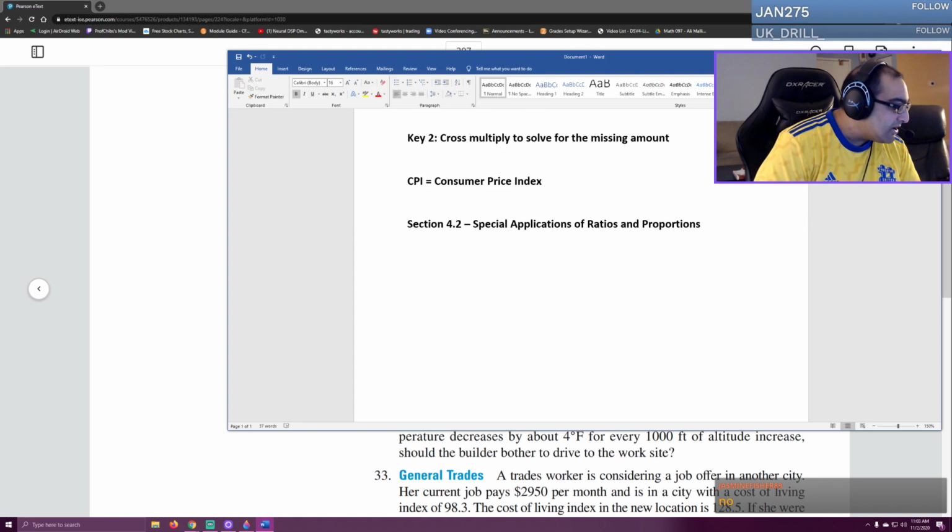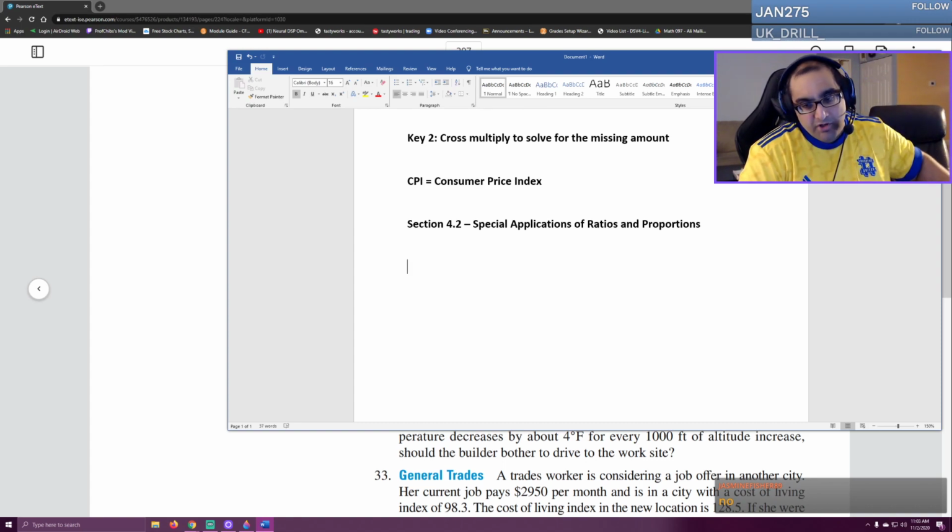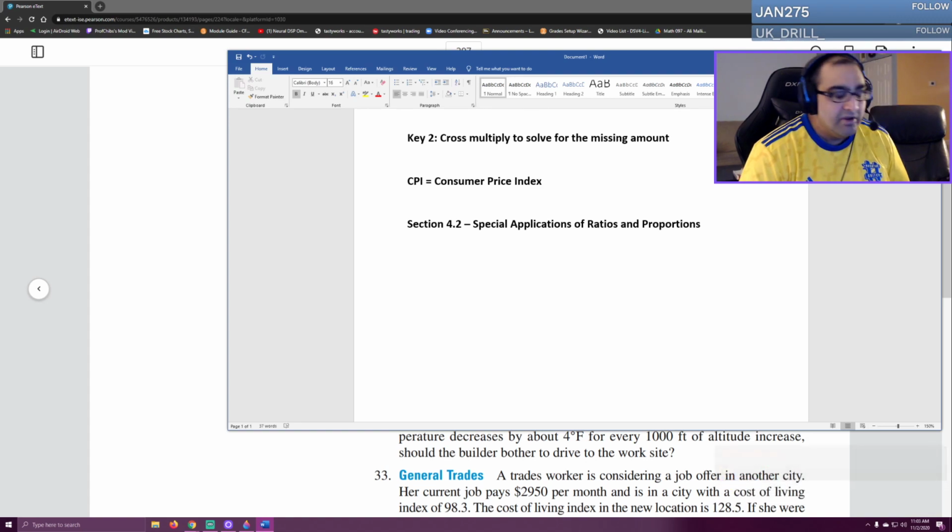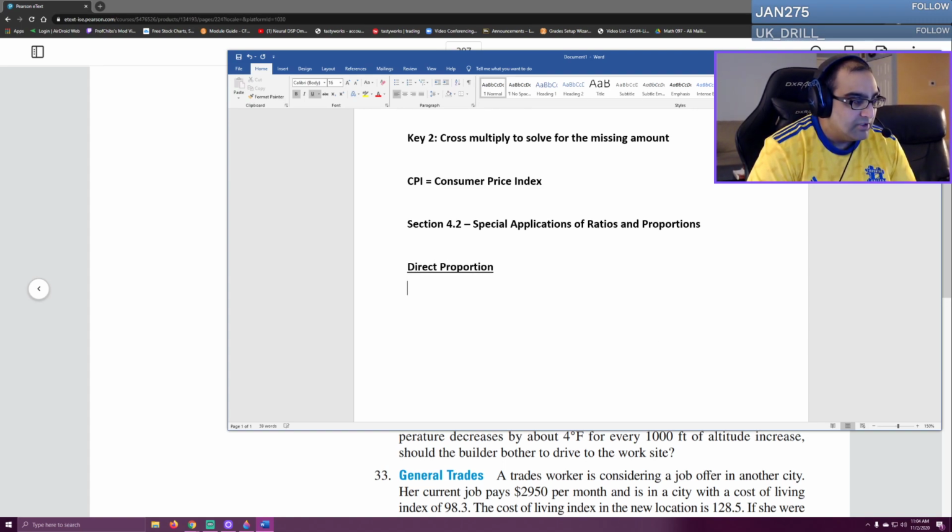Let's talk about proportions here, because that's pretty much what we've been working with in a lot of these examples. We work with two types of proportions in this chapter. The first type is what's called a direct proportion. Now, what does a direct proportion mean? It means that if we increase a value, then the result after the proportion is applied will also increase.